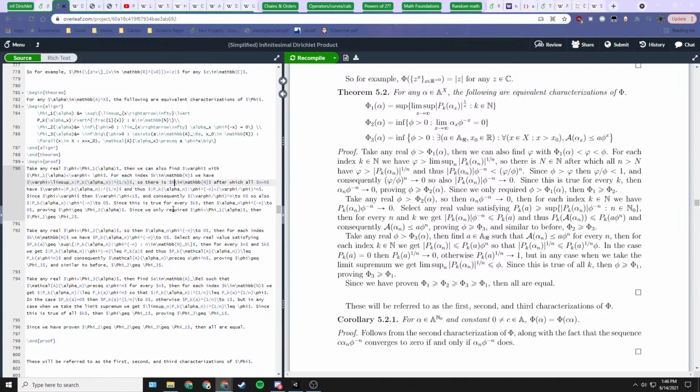So there is, we'll say x0 in, actually this is proving 2 from, x0 and x, after which all n greater than n have this greater than this, and thus this times phi negative n is less than this thing power x. Since phi x is greater than phi, blah blah, consequently power x goes to 0, so also this goes to 0.